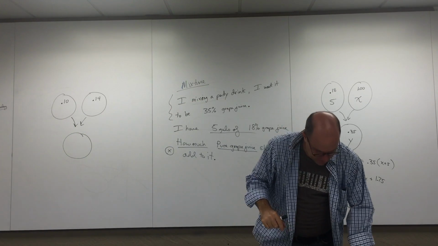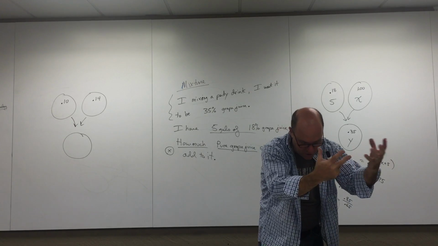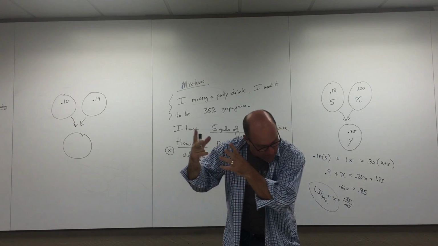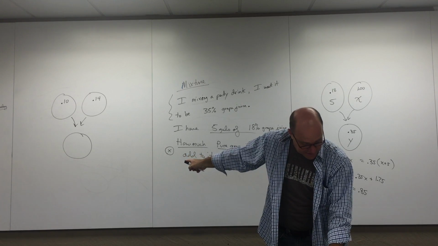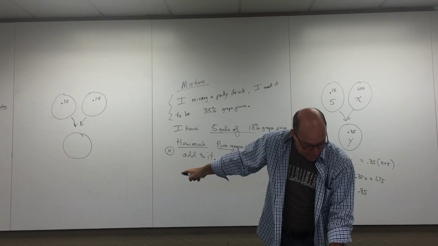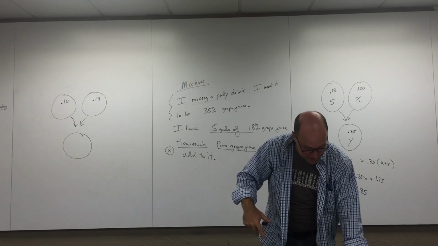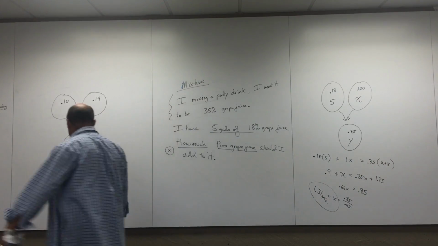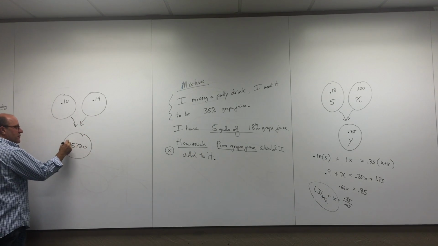Do they give me a final percentage? No. One of her investments earns 10% interest. The other investment earns 14% interest. In the end, I don't know what the percentage is, but her interest earned is $57.20. So I don't have a percentage, but the amount she earned is $57.20.